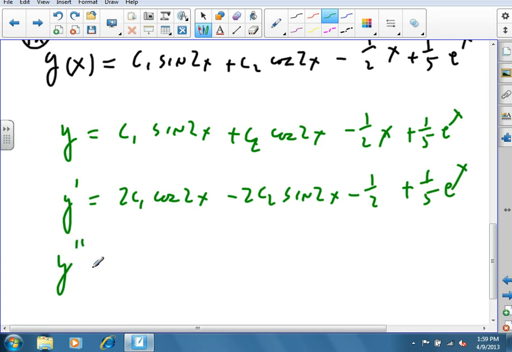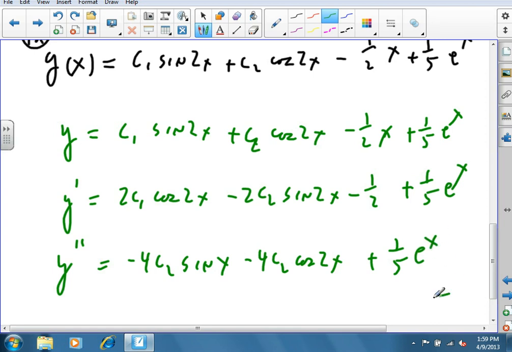Y double prime is minus 4c1 sine minus 4c2 cosine, that guy goes away, plus 1/5 e to the x.